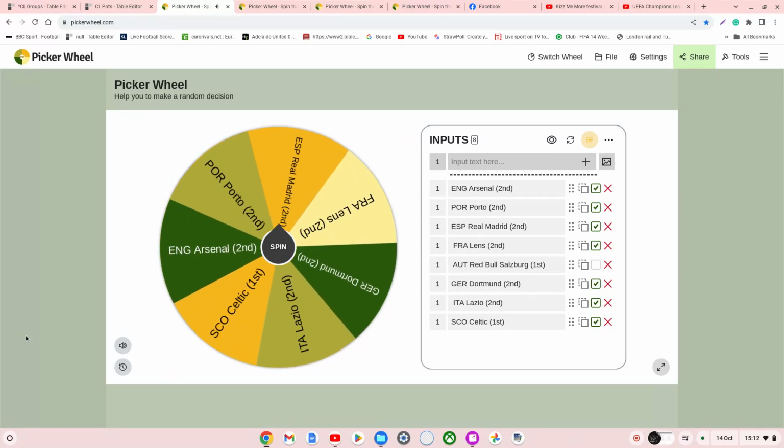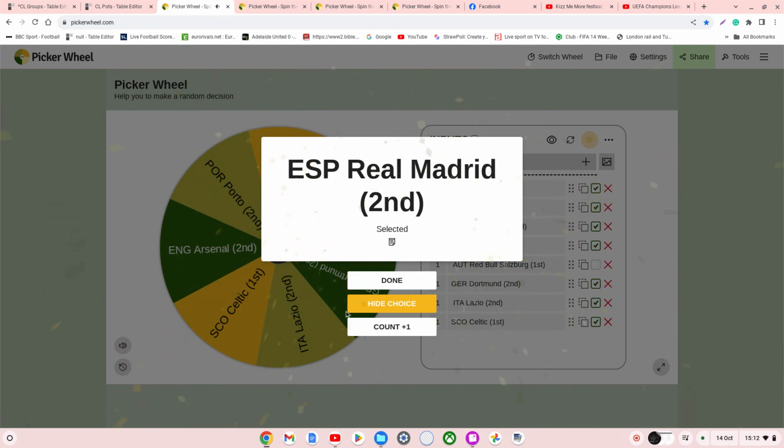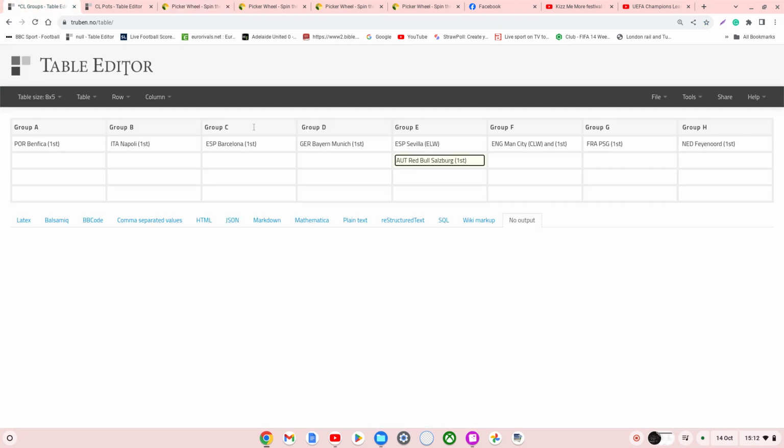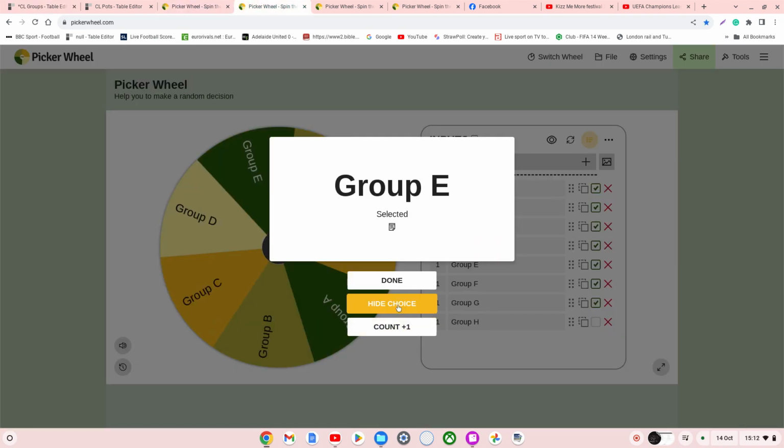And it's Real Madrid. Right, let's pick Real Madrid. Let's see. Obviously they can't be in Group C because of Barcelona.